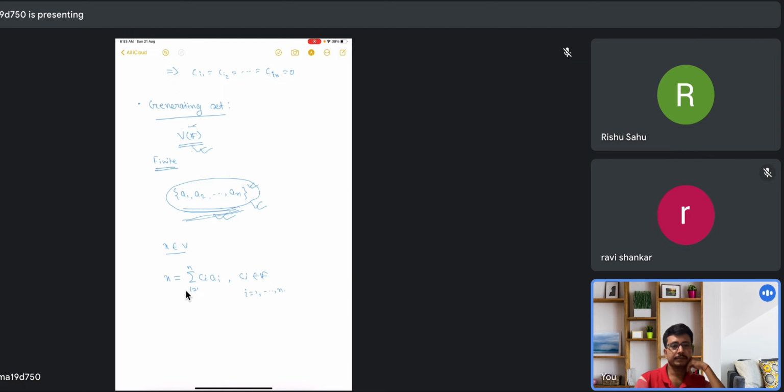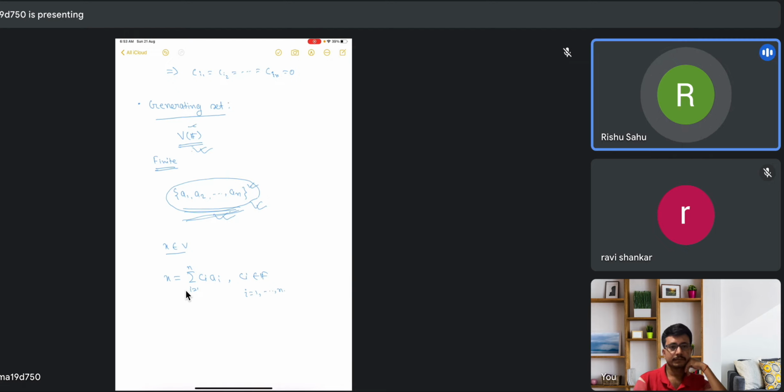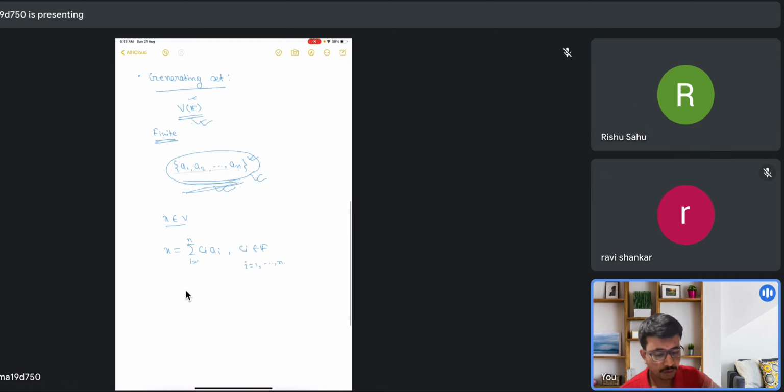Can you explain generating set again? I couldn't understand. Okay, so you have one vector space V, and this is your finite collection. Right now we are talking about finite sets, then we will go for infinite.